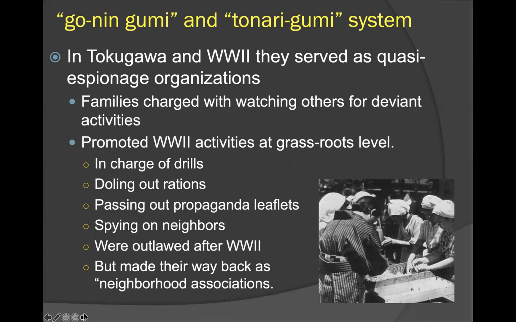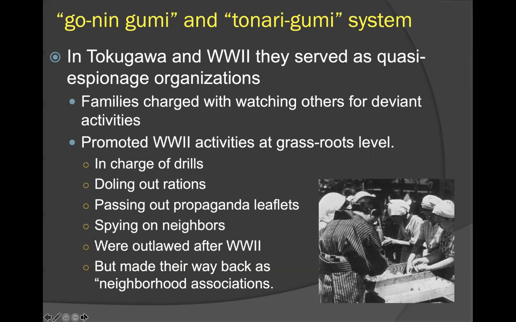But these neighborhood associations weren't always so, I would say, sort of benign. In the Tokugawa era, as well as in World War II, they served as quasi-espionage organizations. So essentially they were spies, watching their neighbors for deviant activities and reporting this to the authorities.